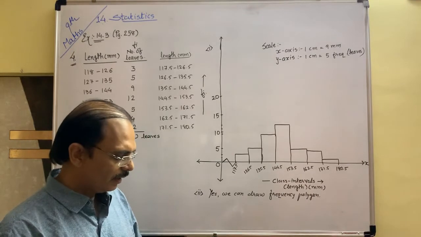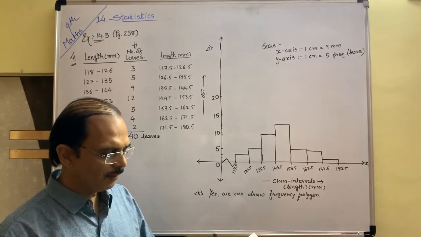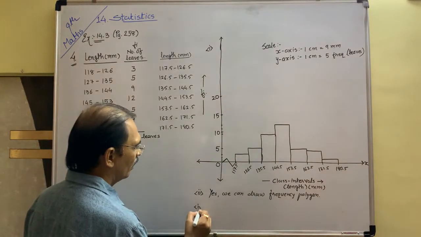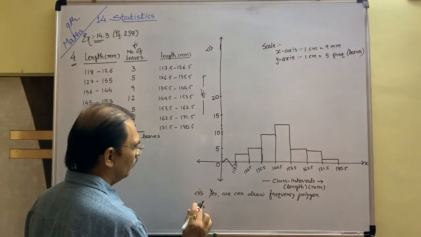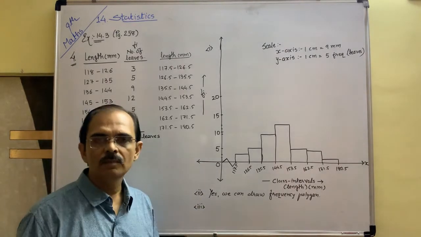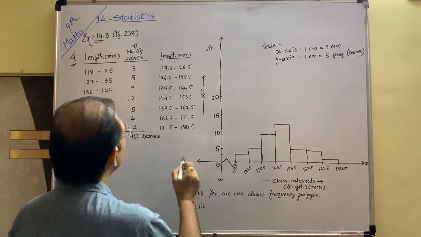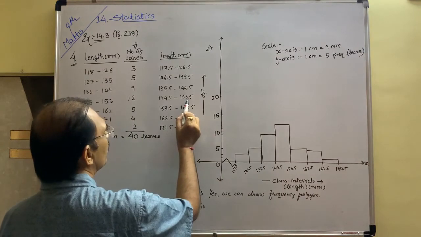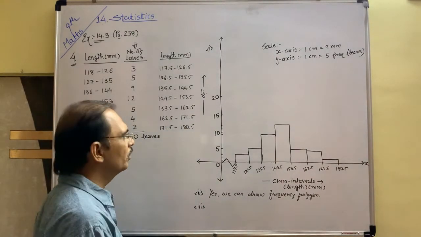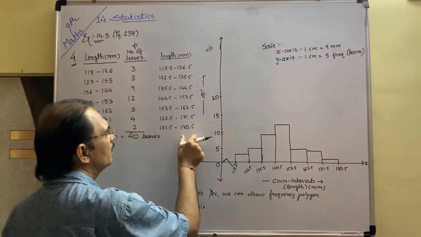Third, is it correct to conclude that the maximum number of leaves are 153 millimeter long? See, here we have 153.5. You know that while doing tally marks, I told you not to consider the upper limit.